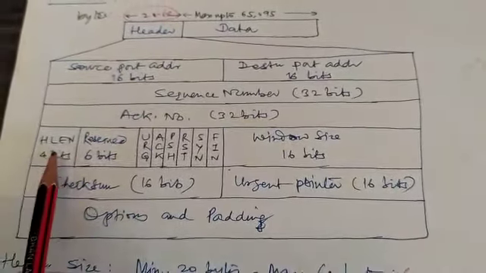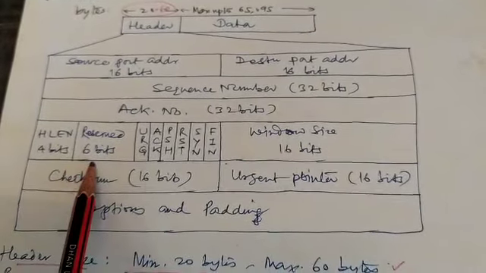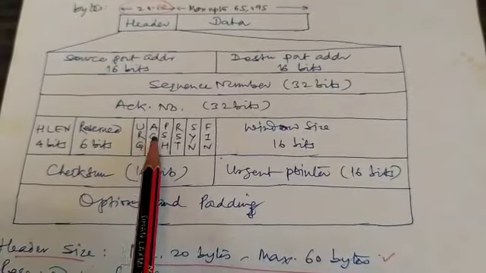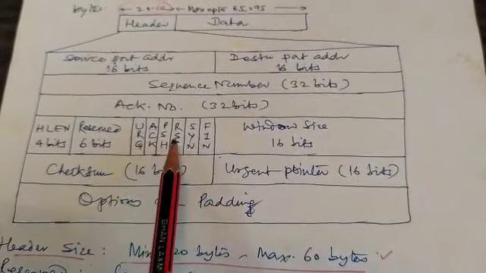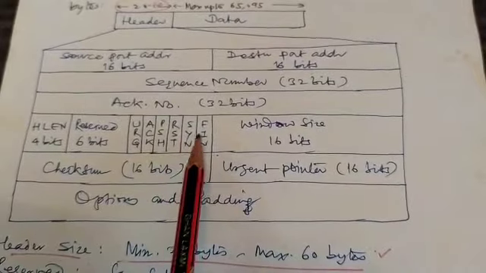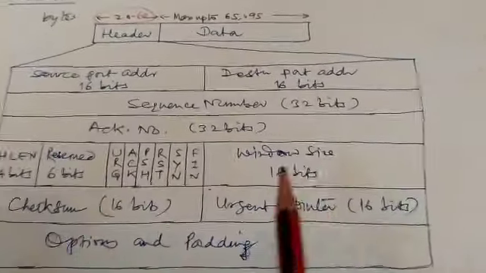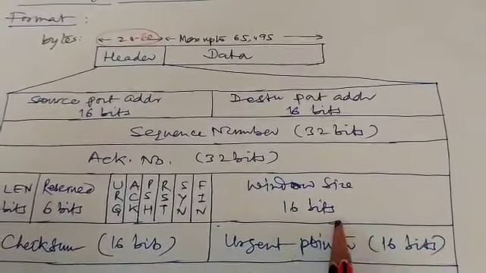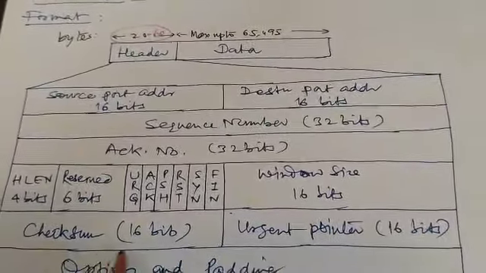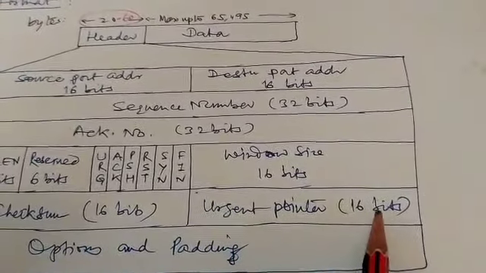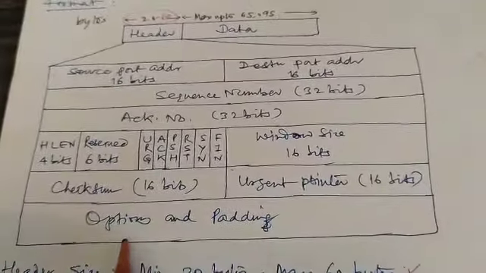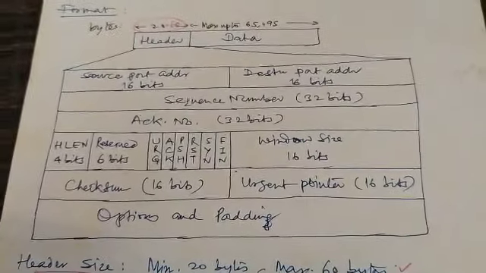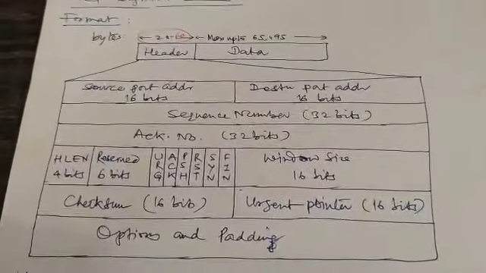This is followed by HLN 4 bits, reserved 6 bits, URG 1 bit, ACK 1 bit, PSH 1 bit, RST 1 bit, SYN 1 bit, FIN 1 bit. Then we have the window size of 16 bits, followed by checksum of 16 bits, urgent pointer 16 bits, and at the end we have the options and padding bytes. So this becomes the format of the header.